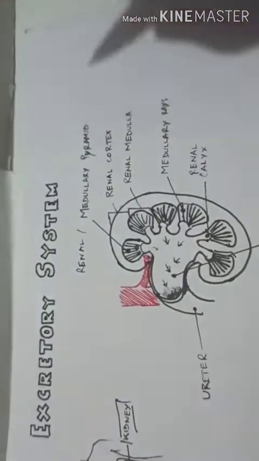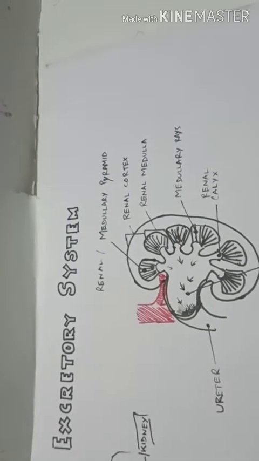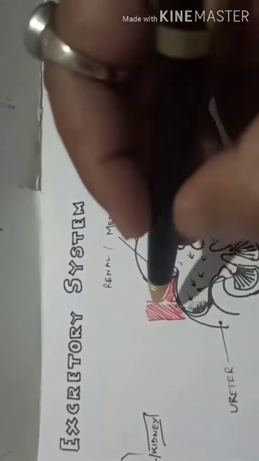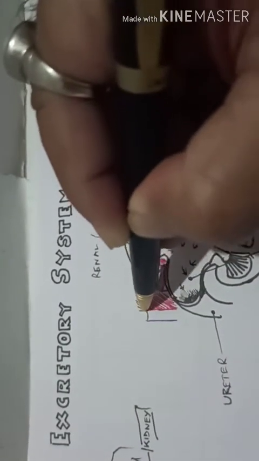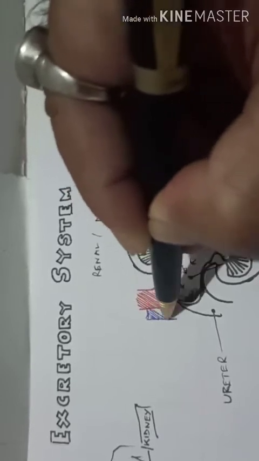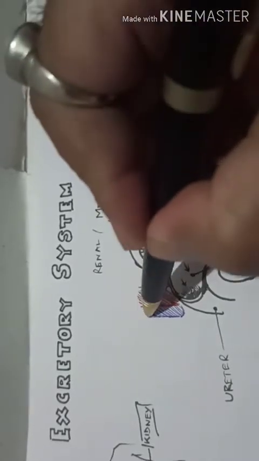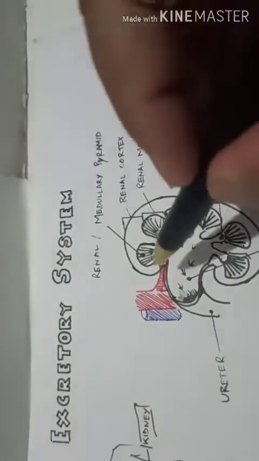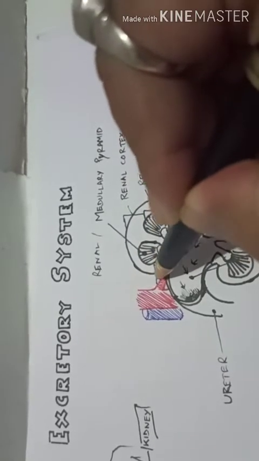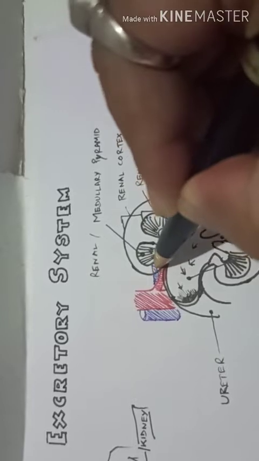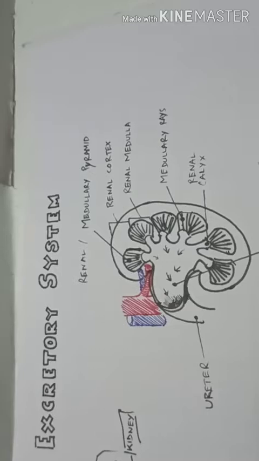So this is the aorta, and this is the renal artery going in. Adjacent to it we find the inferior vena cava, running alongside the same blood vessel. And the renal vein is exiting the kidney right there.